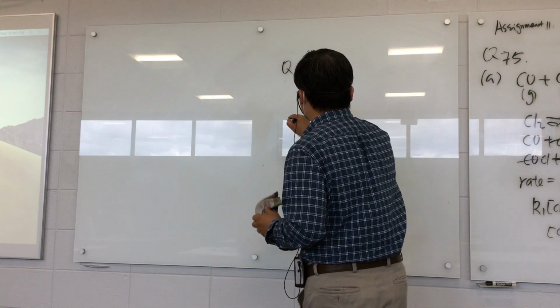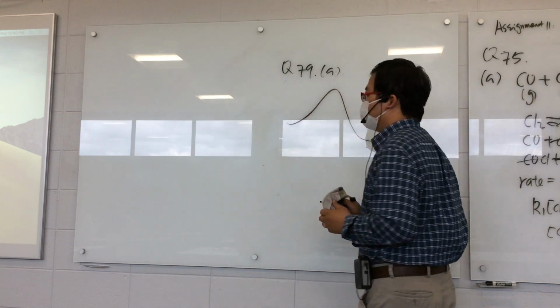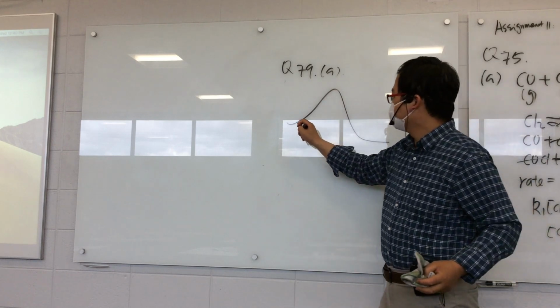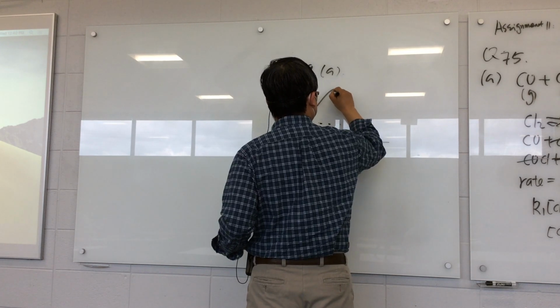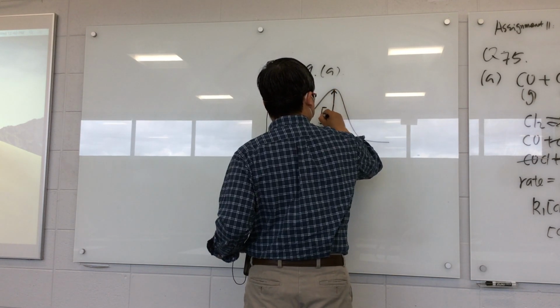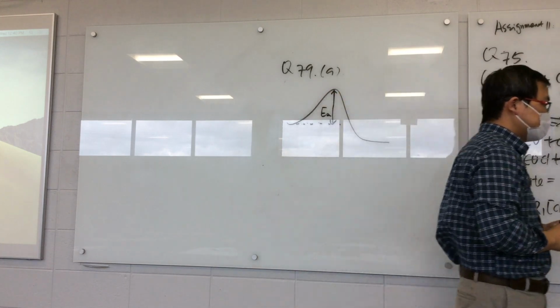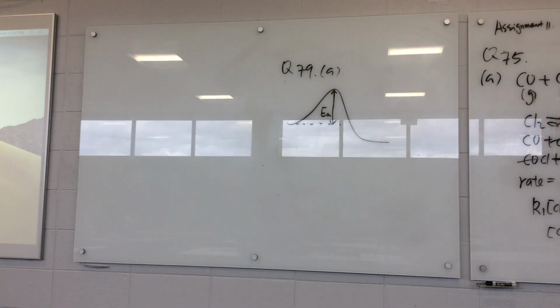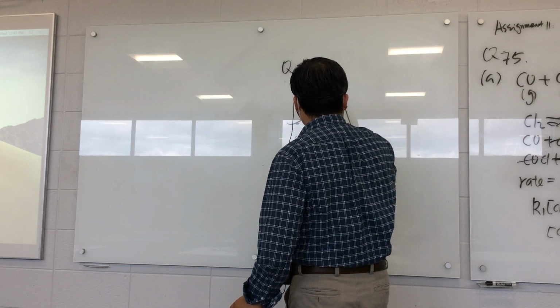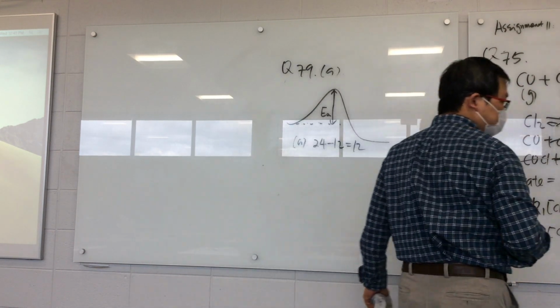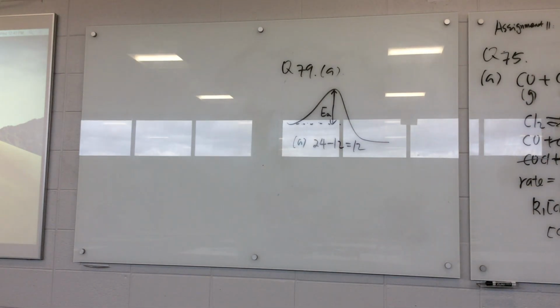The activation energy should be the energy difference, so this is activation energy. As you can see, the activation energy for A is around how much? Around 24 minus 12, right? 24 minus 12 equals 12.